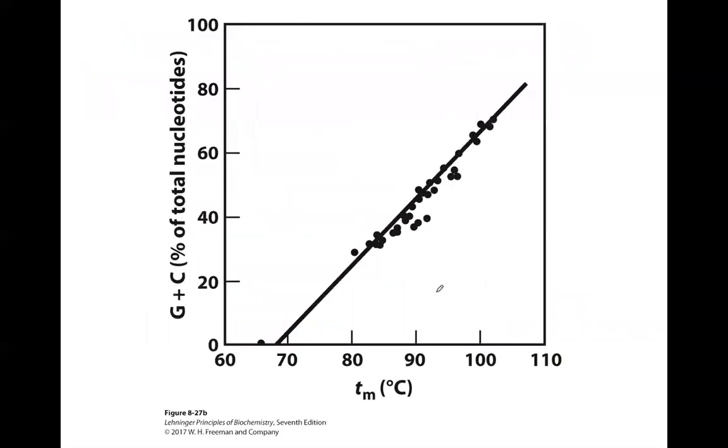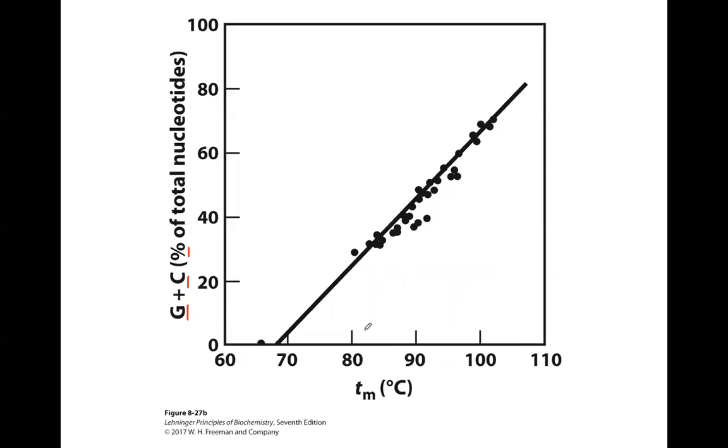All right. So here is the percentage of GC of total nucleotides, and you can see this very nice straight line, which shows us that as you increase the percentage of GC in the DNA strand, the higher the melting temperature.